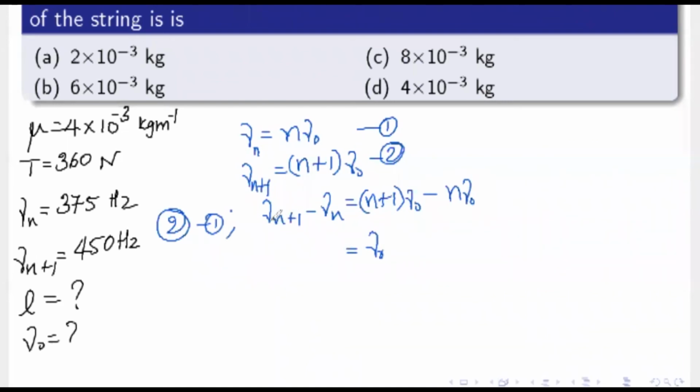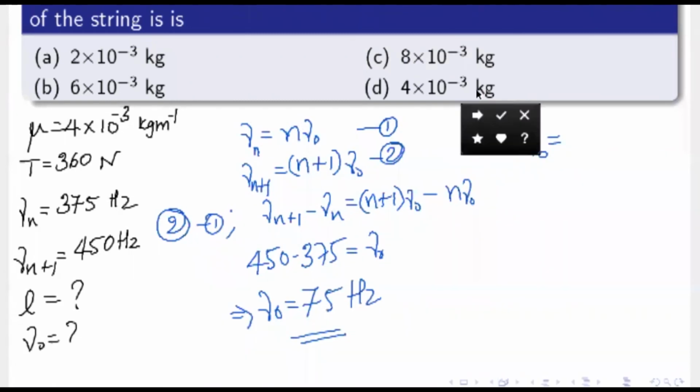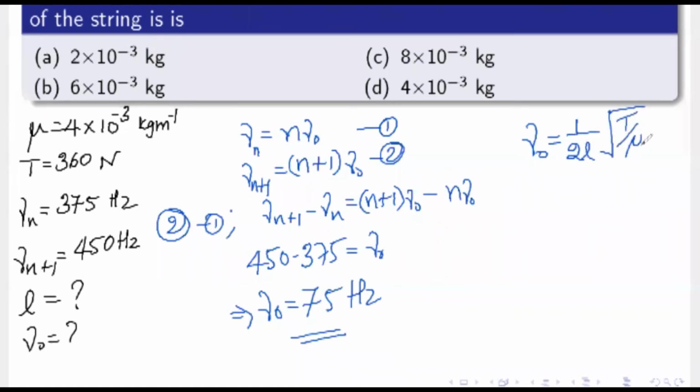On the left side, nu n plus 1 is 450 minus 375. That means nu naught equals 75 hertz. This is the fundamental frequency of this wire. I know that for the fundamental frequency, nu naught is 1 over 2L into root of T by mu. So nu naught is known.